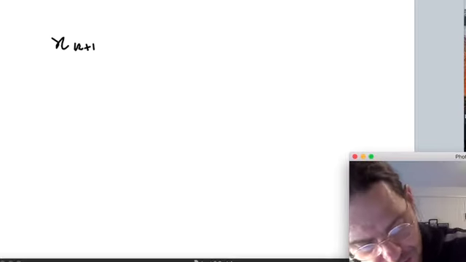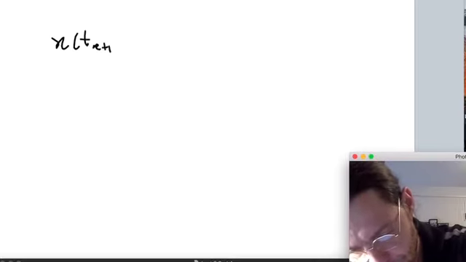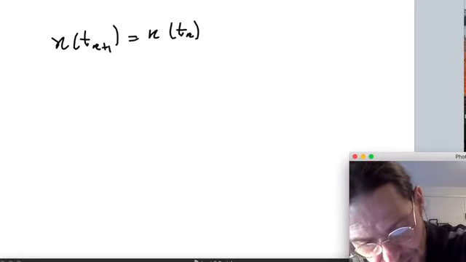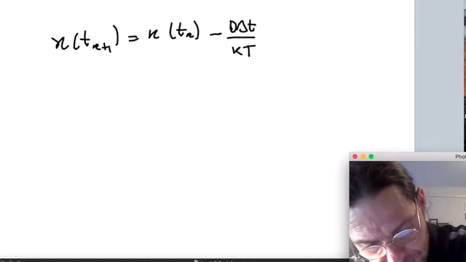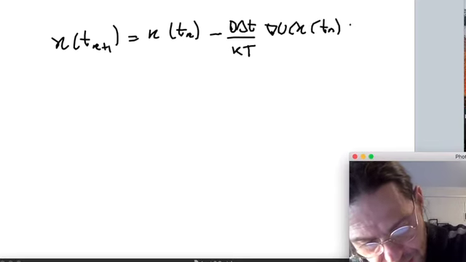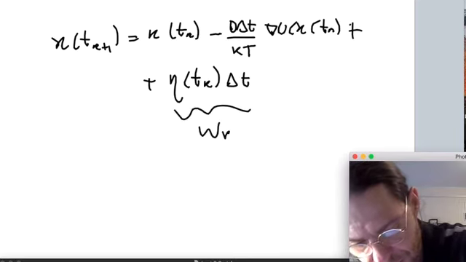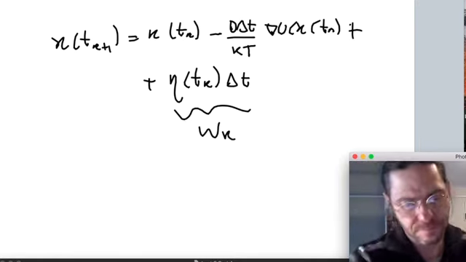The position at time k plus 1 is equal to the position at time t k, minus d delta t grad U of x of t k, plus the random force at time t k times delta t. We'll call this w k, the Wiener noise.